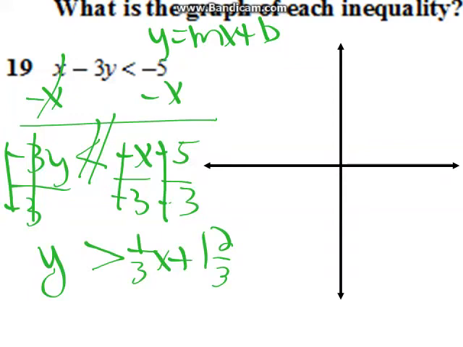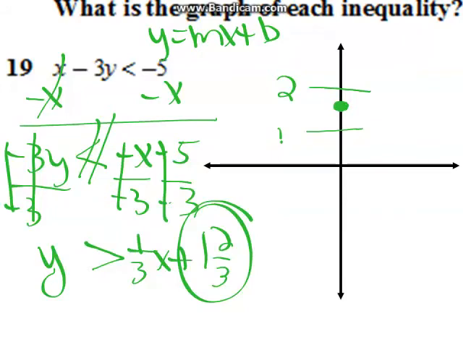So we're going to start by graphing our y-intercept of 1 2/3. So here's 1, 2. So 1 2/3 is going to be about right there.